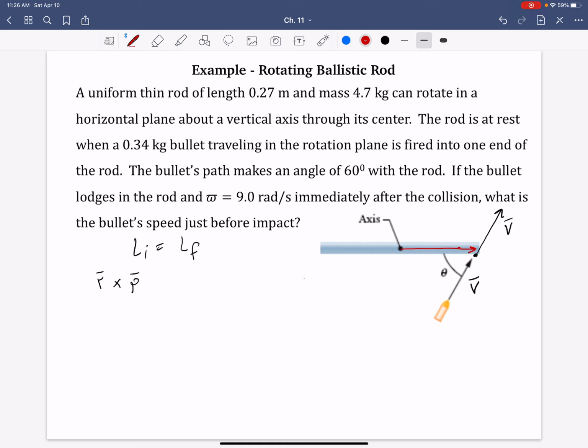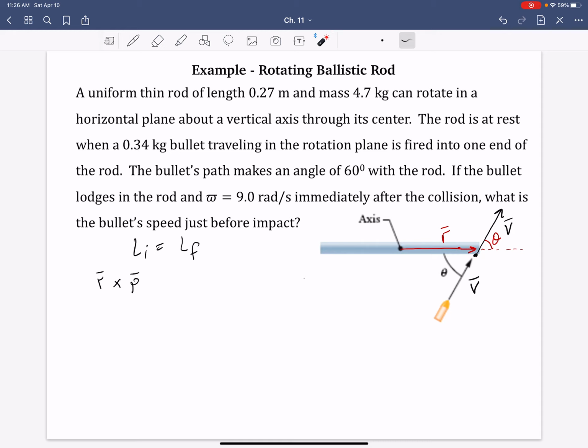That means if we were to extend R, we have an angle theta right there, and that's the same as the angle shown. I know it looks like the R vector is not pointing towards the bullet exactly. Just assume that it's close by.